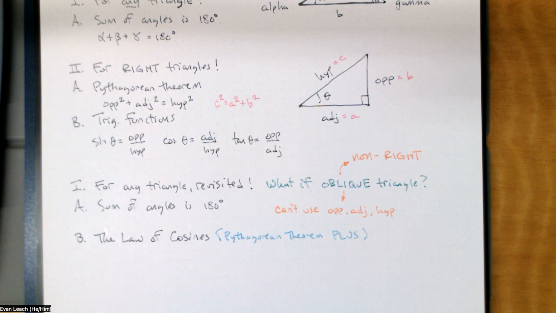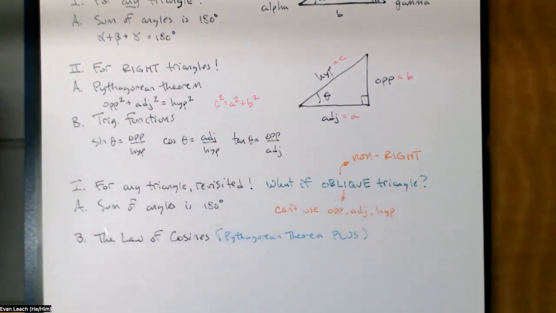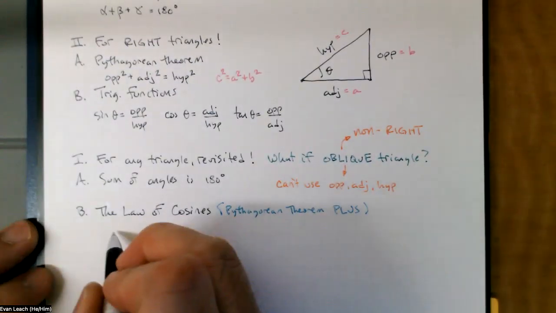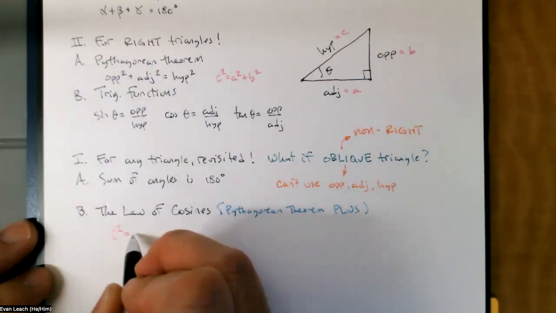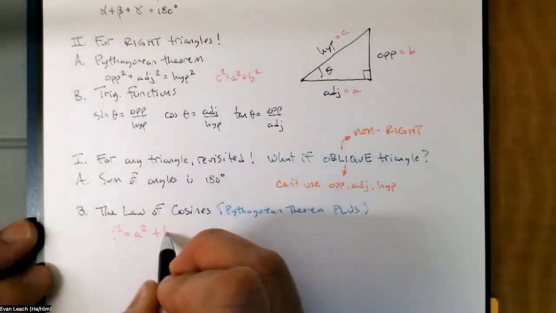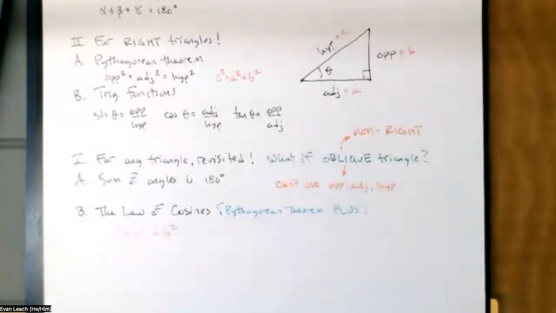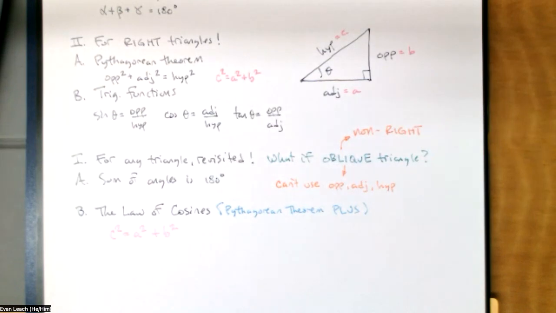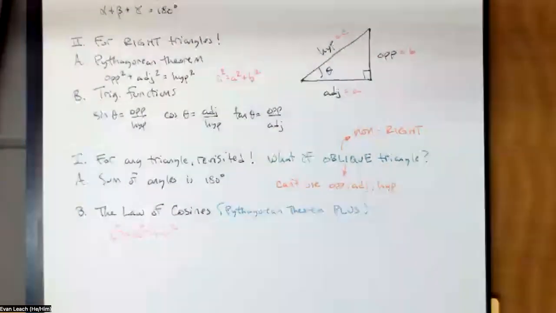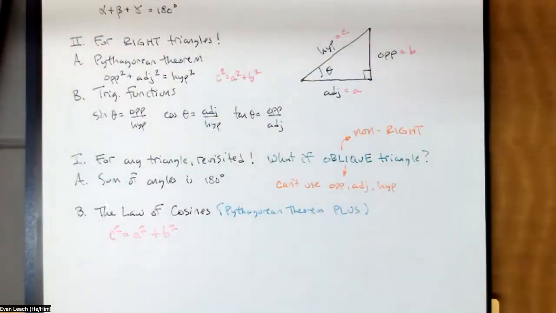In the law of cosines, we start off with that. Well, we only start off with that. This is a but wait, there's more scenario. So we write c squared is equal to a squared plus b squared.